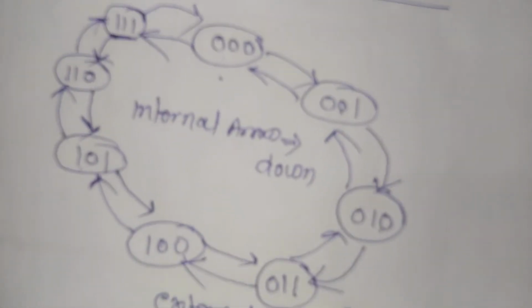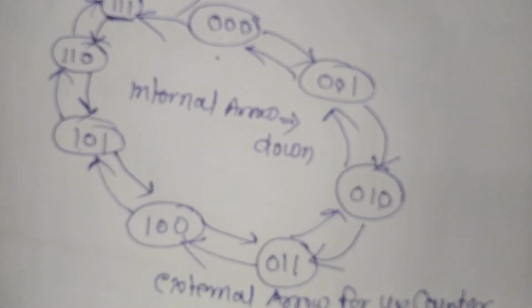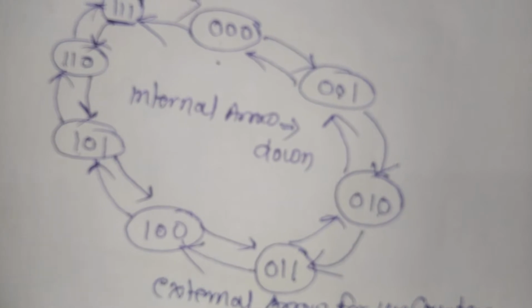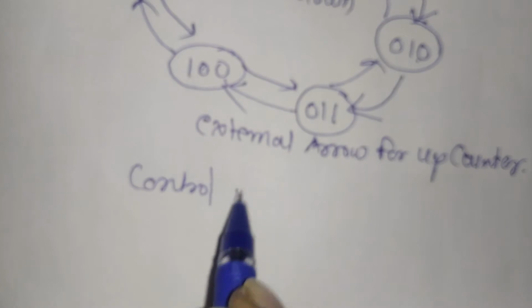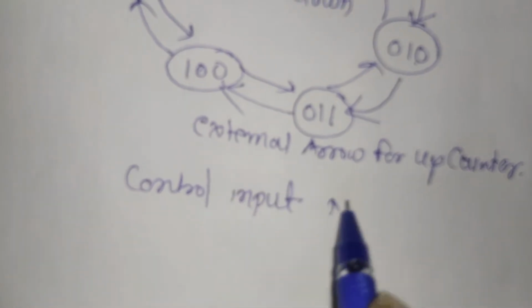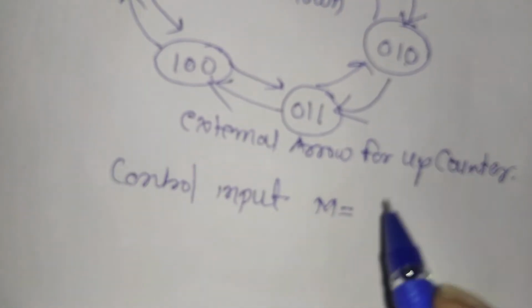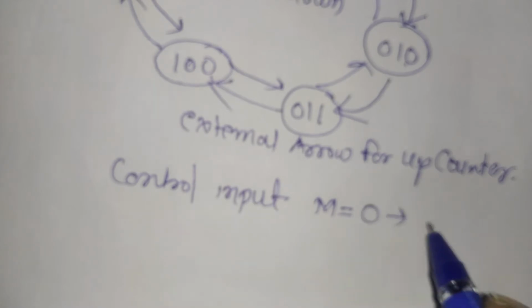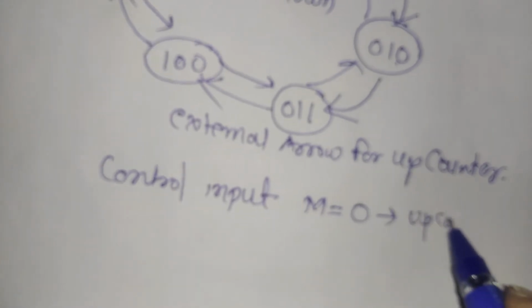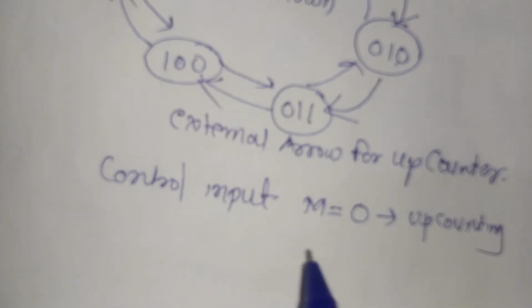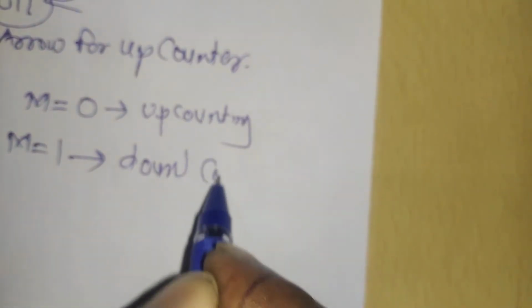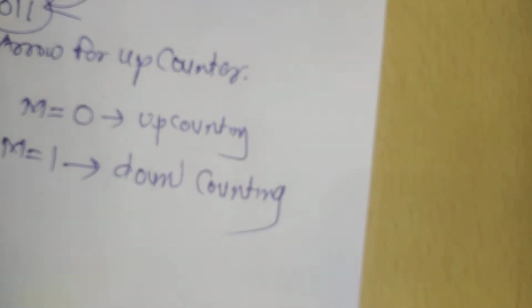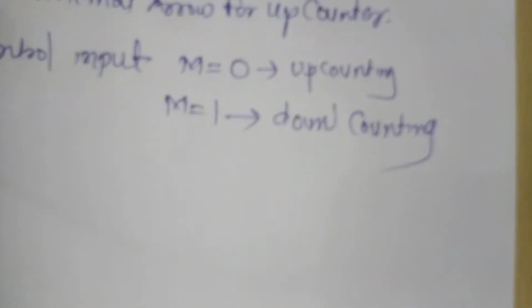So, to manage both the counting, up counting and down counting, we need to use a control input M. So, you can decide if M is equal to 0, you can use it for up counting, and M is equal to 1, it is for down counting.